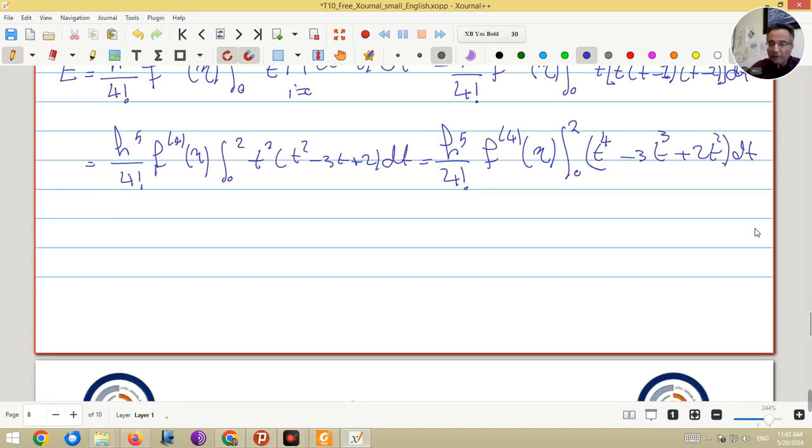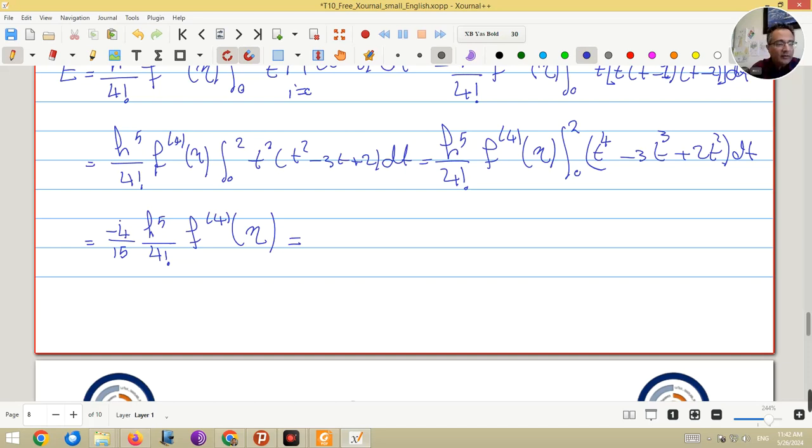Okay, and if you take the integral of this polynomial, it's very easy, and you put 0 and 2 and compute the value. You will get the value will be minus 4 over 15, minus 4 over 15 h to power of 5 over 4 factorial, the fourth derivative of f at eta.